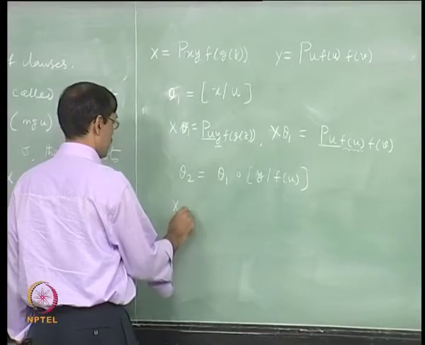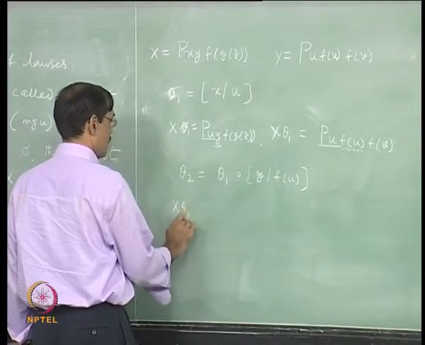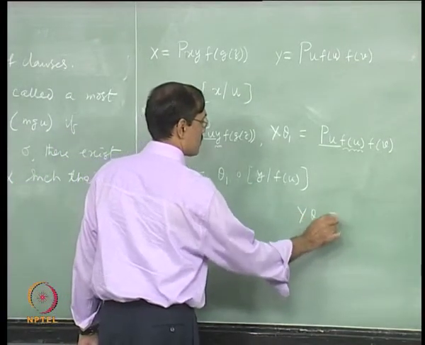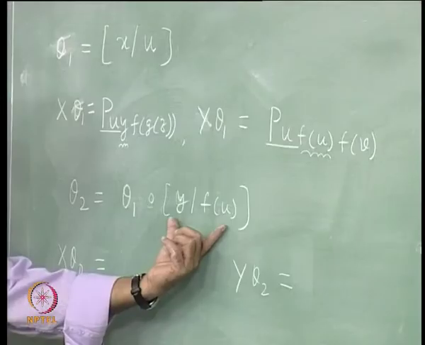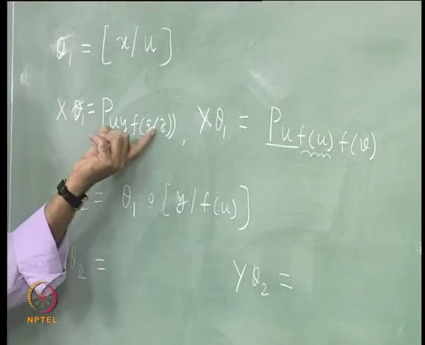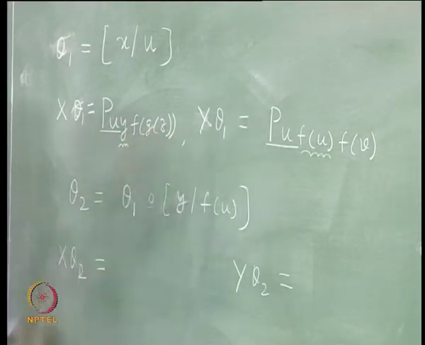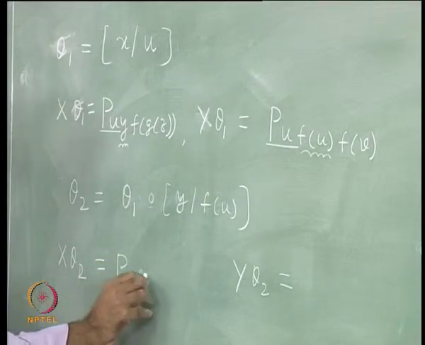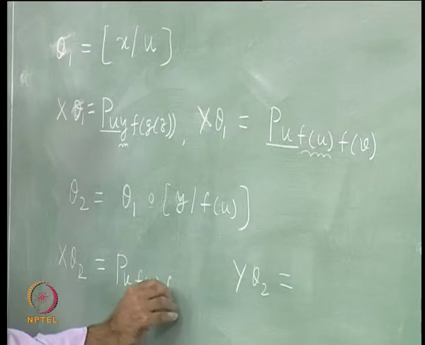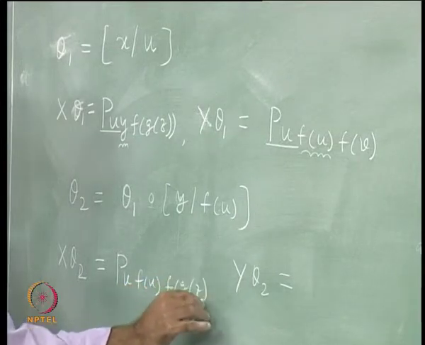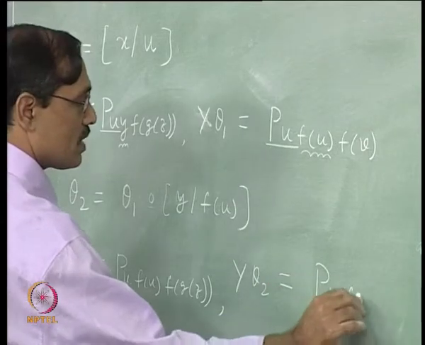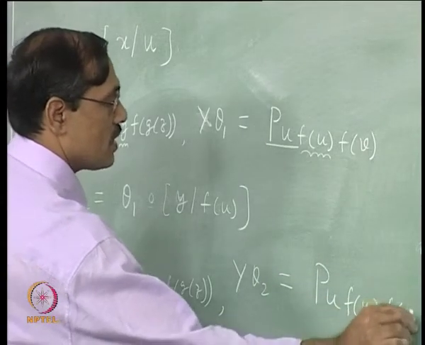So I get x theta 2, and again y theta 2. So that means y by f of u will be applied on x theta 1, similarly on y theta 1. So apply, you get p u, y becomes f of u, then f of g of z, and y theta 2 is p u f of u f of v.